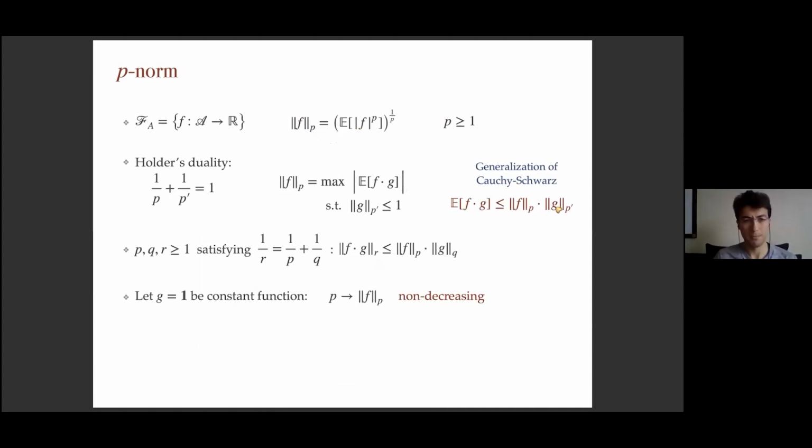We have the Holder inequality, where p and p prime are related by this equation here. Then, using the Holder inequality and some scaling, we find that for any function f, the map that sends p to the p norm of f is a non-decreasing map.